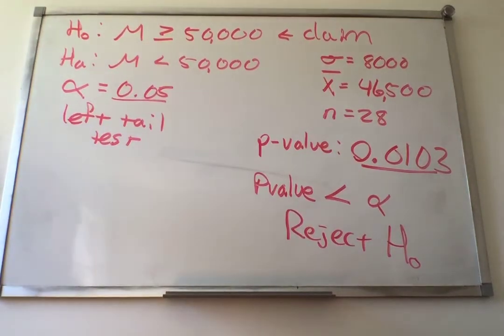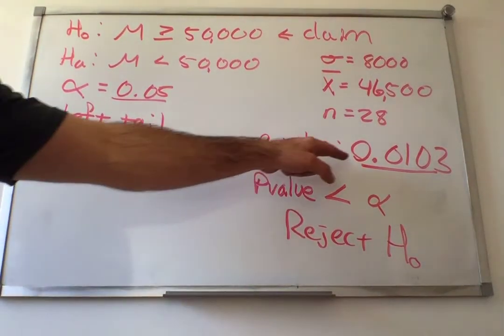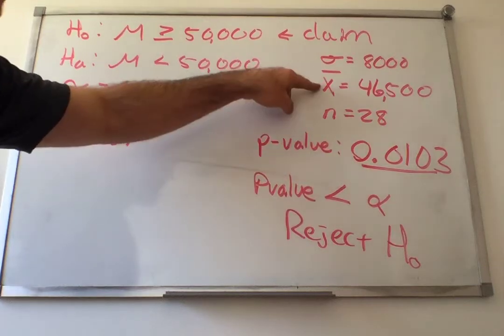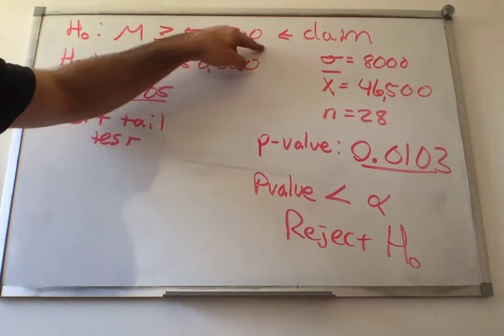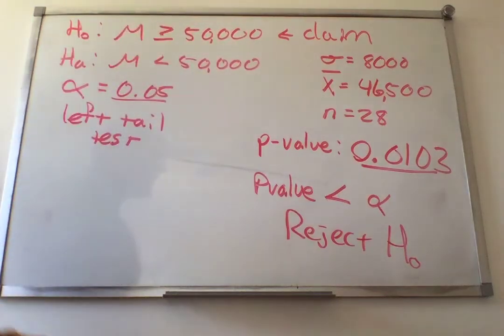So that's what the p-value is. The p-value is the probability that we actually get this sample mean under the assumption that this is our population mean, okay? Just going back to the central limit theorem.